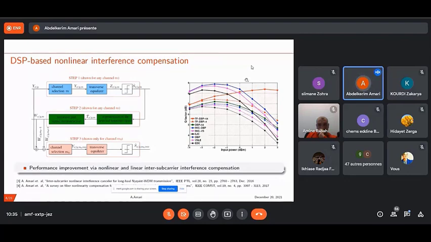And you can see here that this feedback equalizer solution provides better performance at optimal input power because it compensates for both linear and nonlinear effects and interference, while total field digital backpropagation gives better performance in the highly nonlinear regime with high input power, because it compensates fully the nonlinear interference.